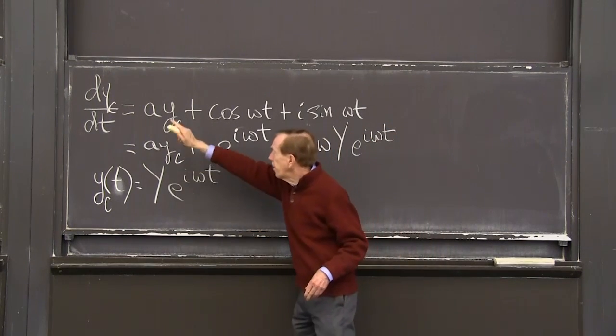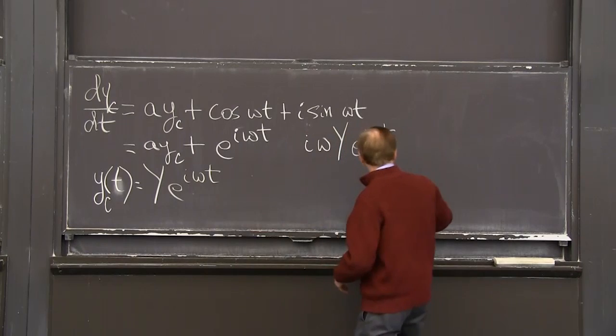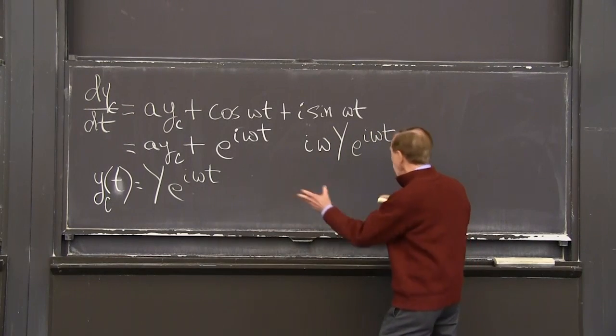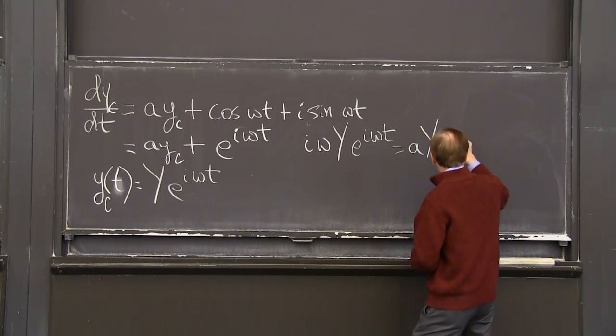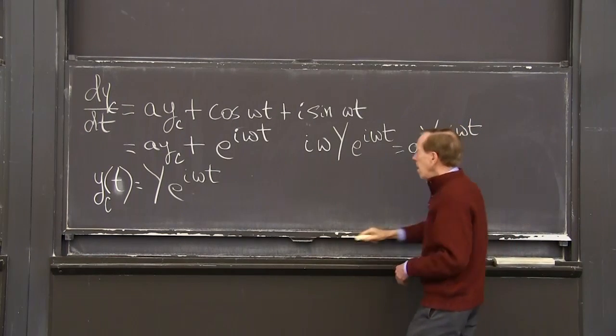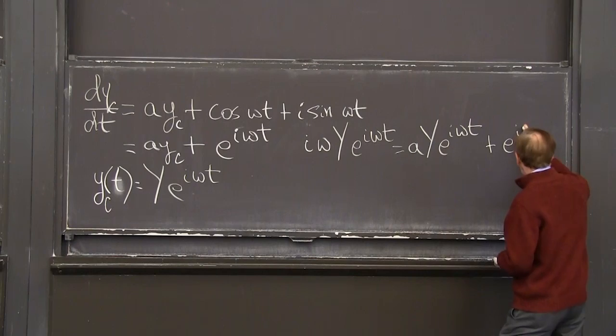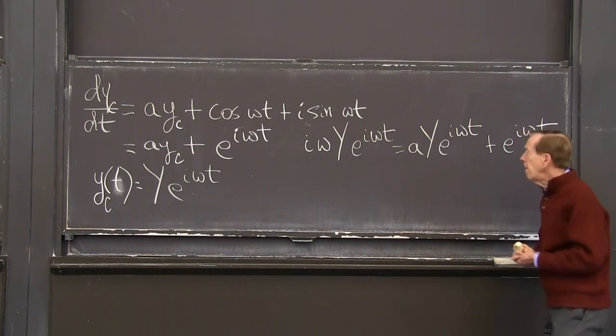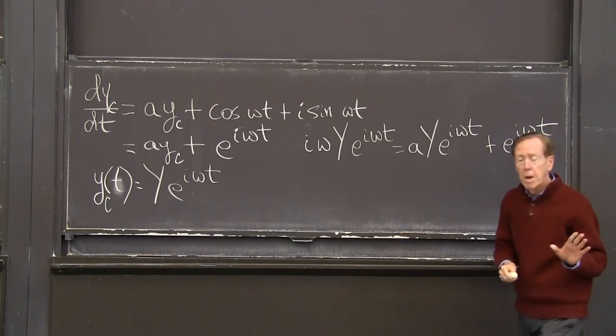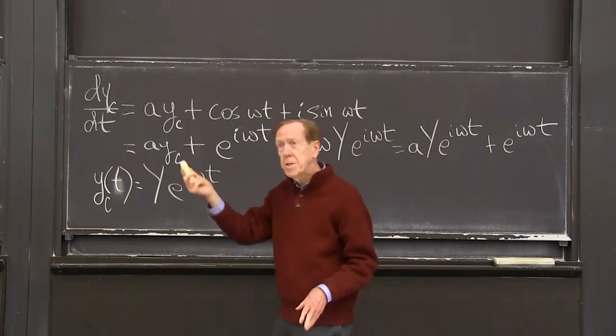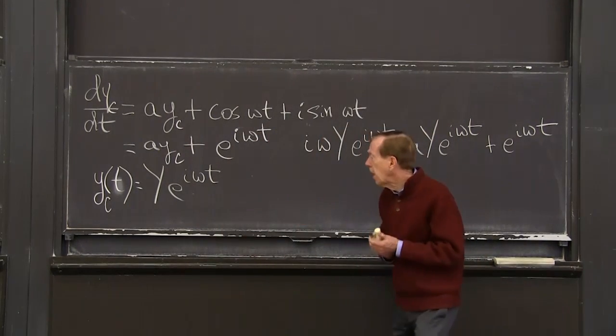That's what we get for the derivative of this. And now that should equal a times the function plus the source, e to the i omega t. Just as we did before with a real e to the st. Now s is i omega.